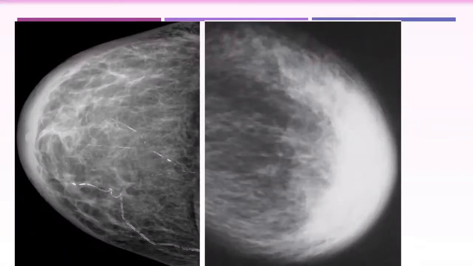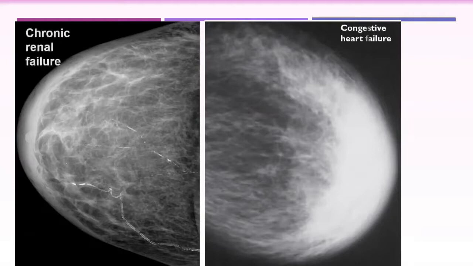You think about systemic causes, but you should still remember that we can have bilateral malignancy as in the previous case. We have to exclude malignancy, so we go for ultrasound. This one is chronic renal failure and the other is overload due to congestive heart failure.